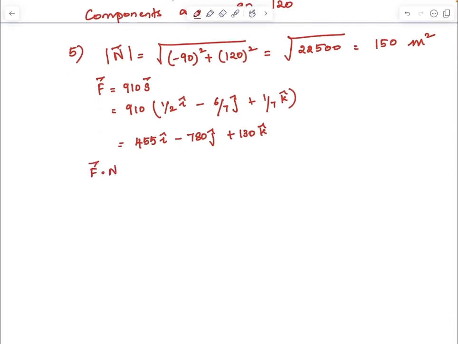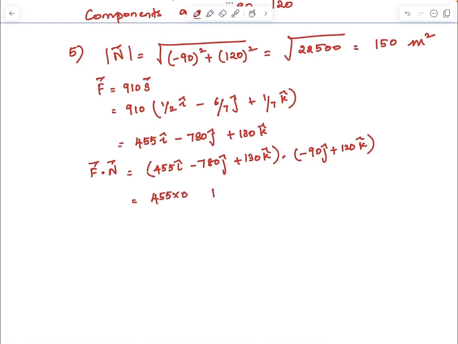F dot N is equal to F is 455 i minus 780 j plus 130 k dot N is minus 90 j plus 120 k. 455 into 0 plus minus 780 into minus 90 plus 130 into 120.